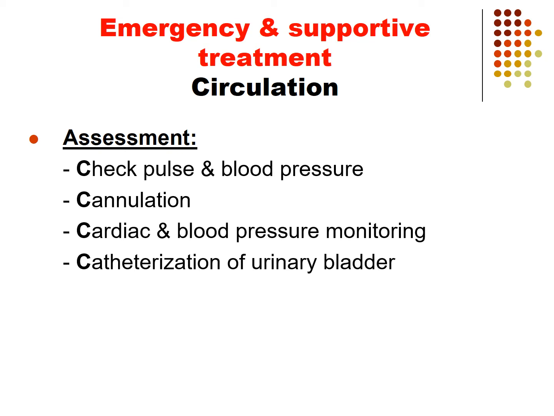Catheterization of the urinary bladder is also essential in critical cases, just to keep them in bed and be able to withdraw a urine sample for drug analysis, for example, drugs of abuse, and also collect urine to be able to calculate the fluid intake and the fluid loss and keep the balance.